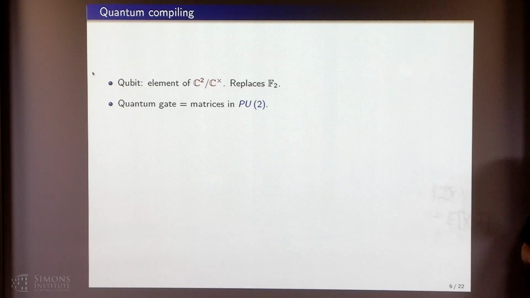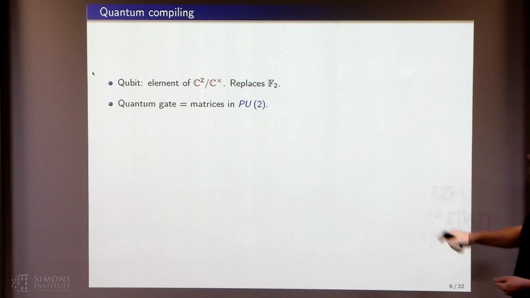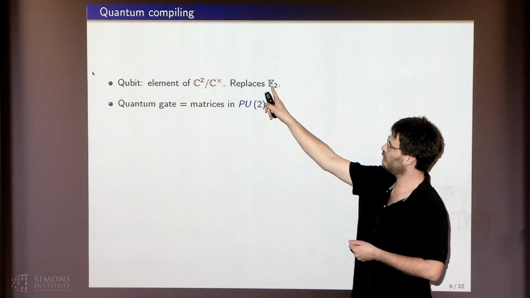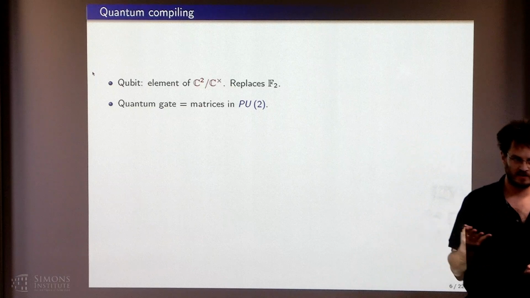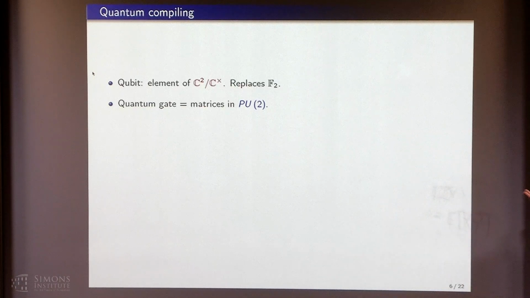And the quantum gates are the logical gates that you can apply to these entities. So for F_2, for example, you actually have 4 gates that you can apply to a bit. You can do identity, not, constant 0 or constant 1. There's not much you can do with 1 bit, right?